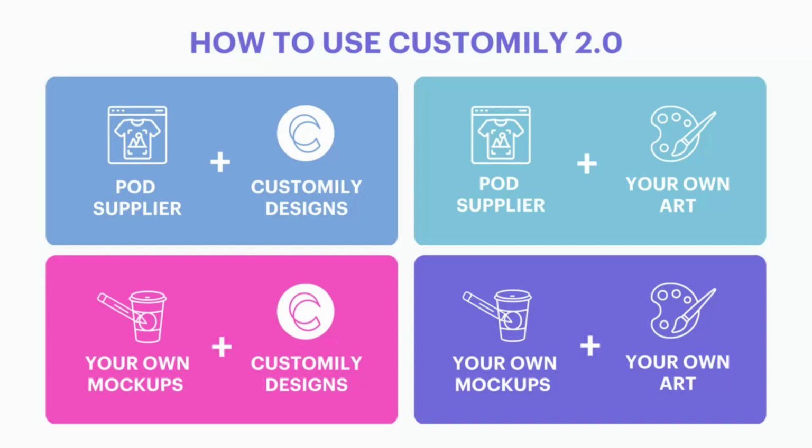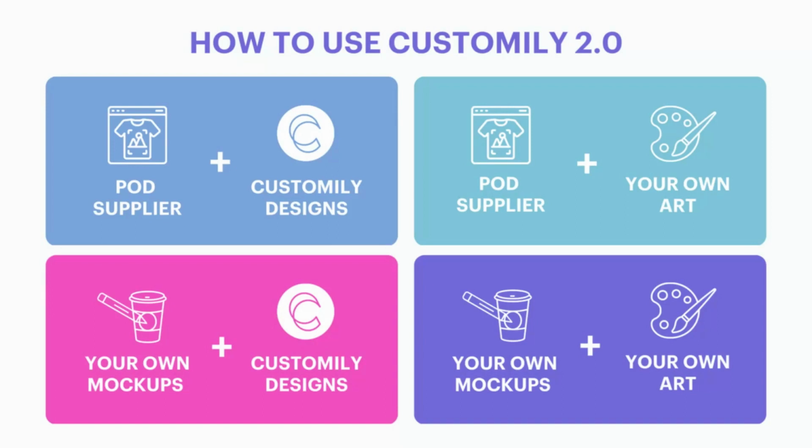You can add your own designs and your own products. This is the path that involves more time, but once you have all your products mockup and all your designs set up, it's just a mix and match game, and you'll be able to create and launch new products in seconds.